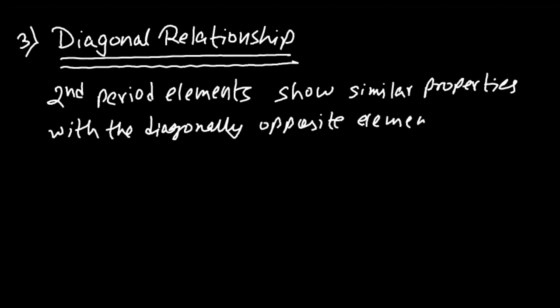And this similarity in properties is referred to as diagonal relationship.